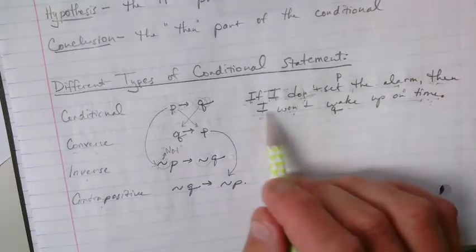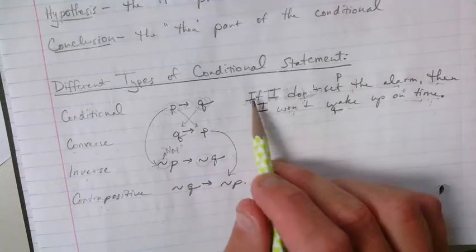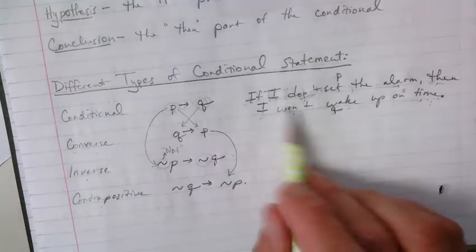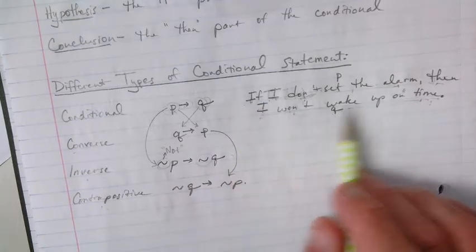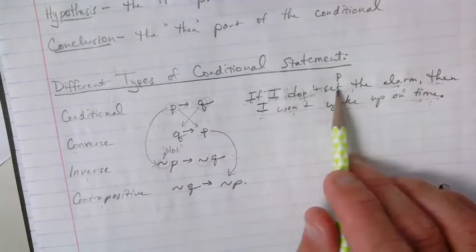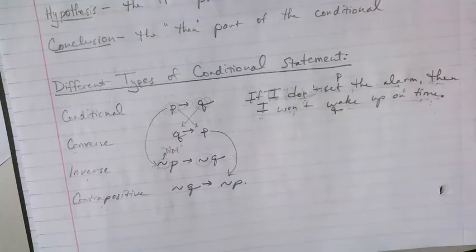Okay? But I changed it, or you could say if I wake up on time. You don't even need that, I guess, anymore. If I wake up on time, then I set the alarm, because the negative form is no longer there. Okay? So we're going to get this down. You just need to know the overall view of that.